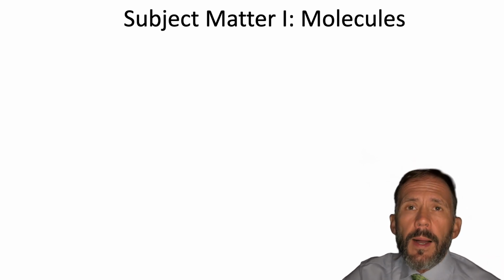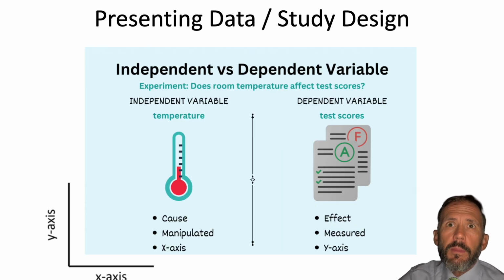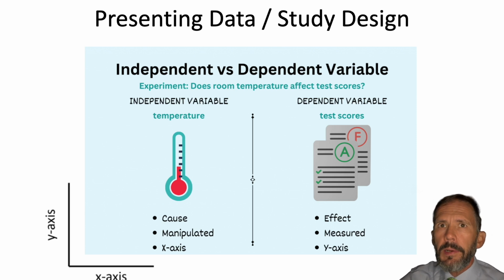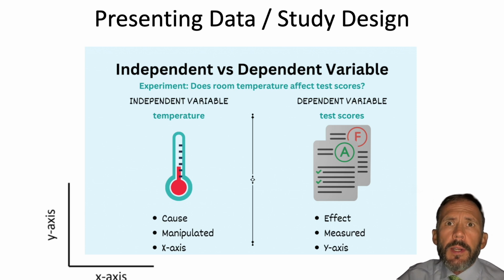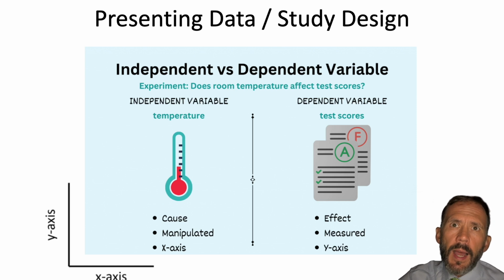And one area I wanted to mention before jumping into the formal biological material is a reminder that in terms of the design of experiments and study design and components of a good and well-designed study, you have independent variables and dependent variables.